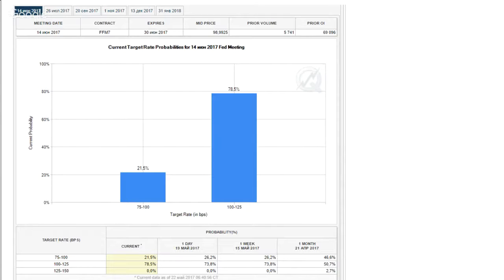And on Friday, the possibility was 73.8%, so some increase here. And despite the fact that the US dollar has suffered last week, markets are still pretty sure that there will be a rate hike.